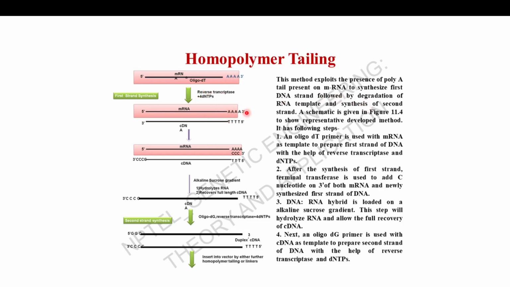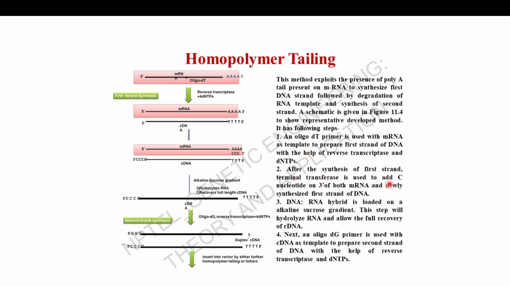Okay, this is same as what we saw earlier. So basically, an oligo-dT primer is used with mRNA as a template to prepare the first cDNA strand, which is synthesized using reverse transcriptase and a pool of dNTPs.